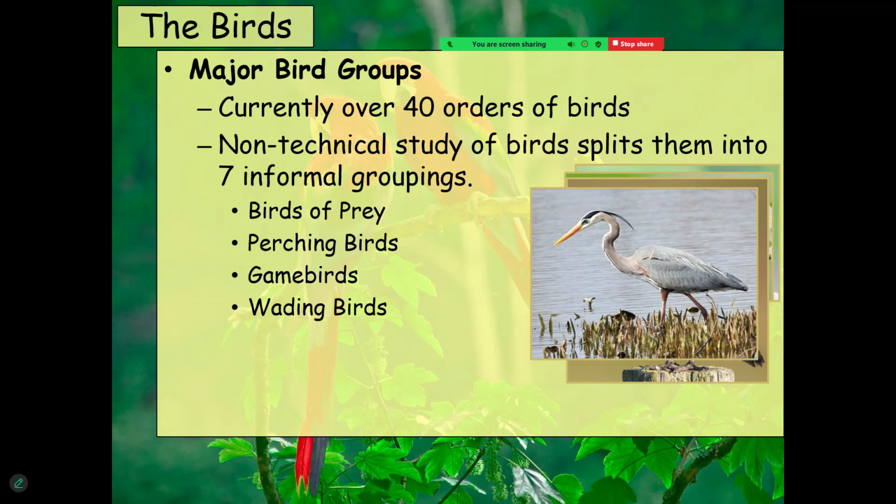Wading birds like great blue herons, sandhill cranes, those types of birds with the long legs. We talked about the wading legs the other day, and so wading birds are going to have wading legs. Also, usually a long neck to help them reach down to where those long legs are going into the water.